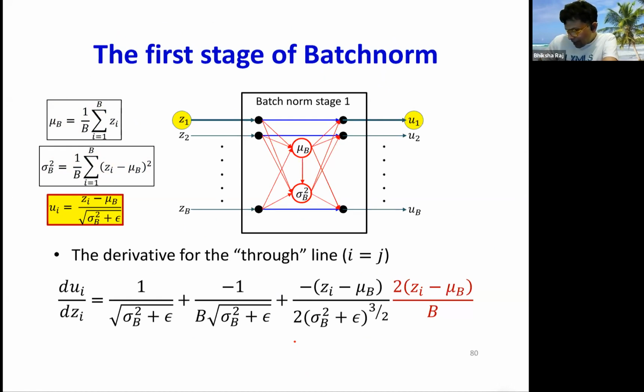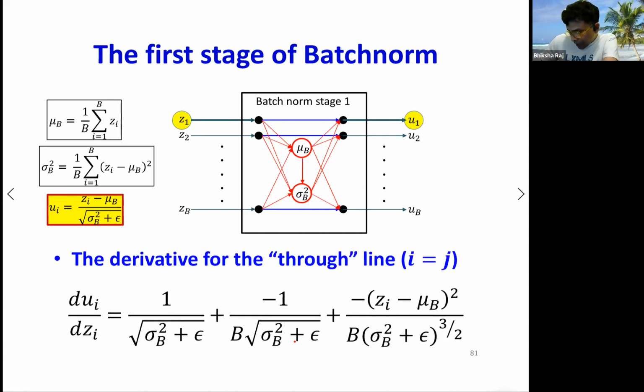And I have this kind of ugly looking equation for the derivative of ui with respect to Zi. I can simplify it a bit, and this is what it's going to be. So this is the derivative of ui with respect to Zi. Obviously, you don't need to memorize this equation, but it's going to be very trivial for you to derive it again on your own if you should so desire, right? So I have a full formula for this through connection.